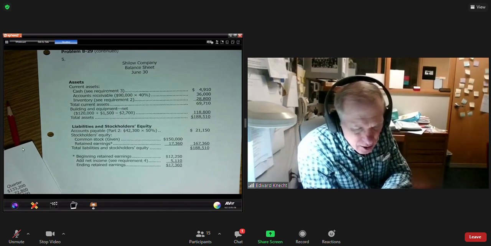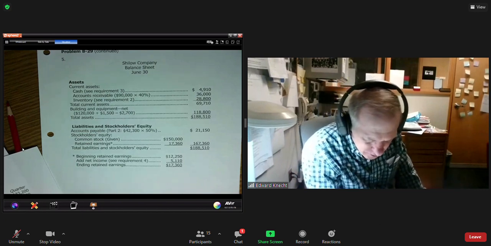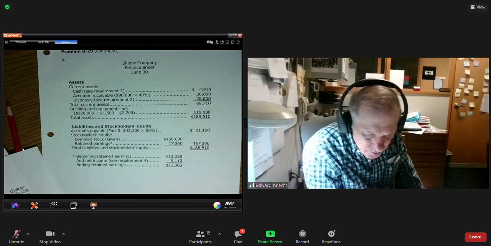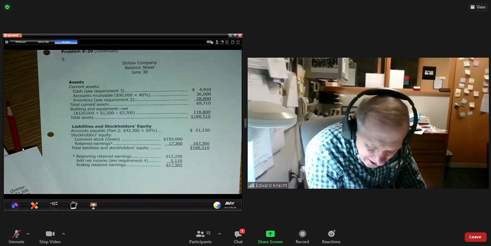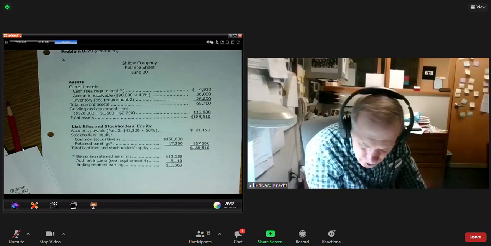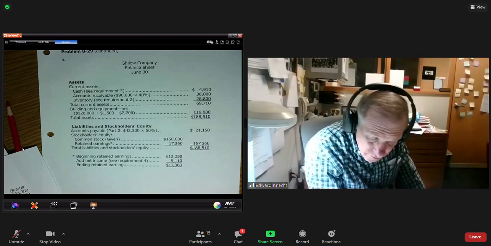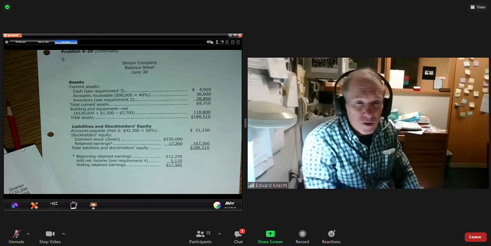So your job was to do your due diligence. How did they get those numbers? It was based on the data given, and it might have taken you a little bit of time to read it and reread it to make sure you understood it. Yes. But now that you have experience, if you have a question on the exam to do a schedule of expected cash collections, you have experience to draw upon.